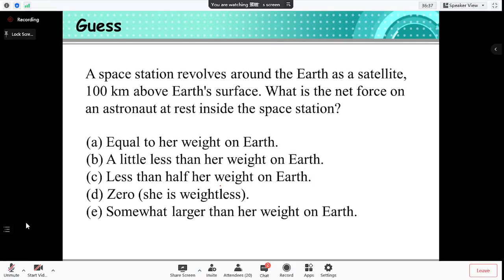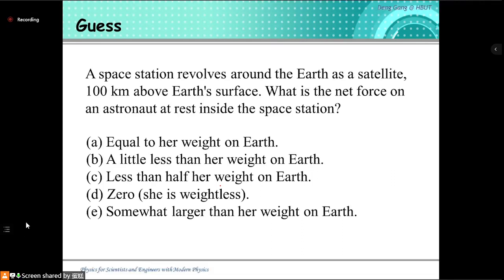What is the net force on an astronaut at rest inside this space station? You can say equal to her weight on the Earth, or a little less, or less than half, or zero, or somewhat larger than her weight. You can guess and keep it in your mind. You don't need to tell me now.